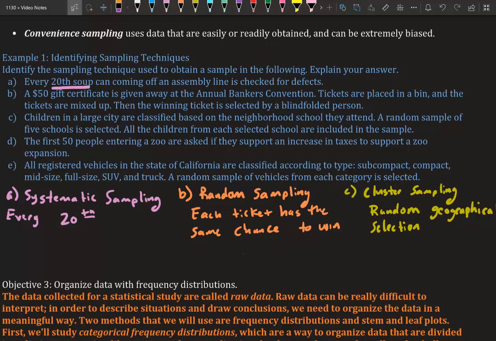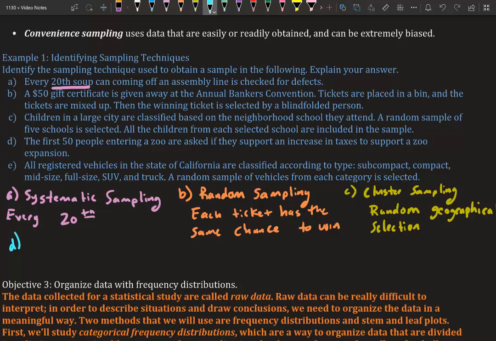All right, D. The first 50 people entering a zoo are asked if they support an increase in taxes to support a zoo expansion. So for D, that is actually convenience sampling. Think about it. If you're going to the zoo, you probably are a zoo person. You like going to the zoo, especially if you're the first 50 people going into the zoo.